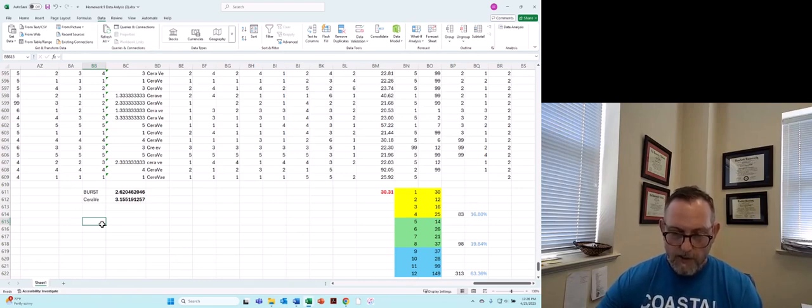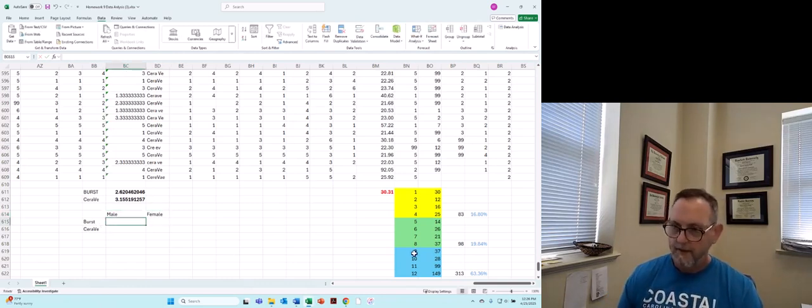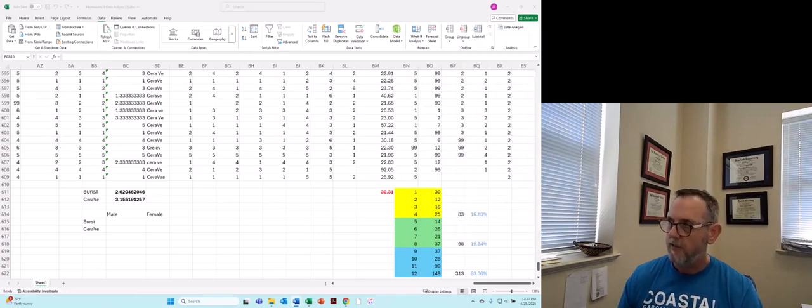We're going to have Burst and CeraVe, and then we're going to have male and female. Let's just confirm that that's exactly what we're looking for here. So we have men and women, we have Burst and CeraVe. So we've got these 4 categories, and these are all going to be purchase intention. So it'll all be the same column here.